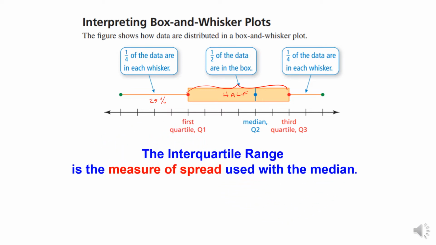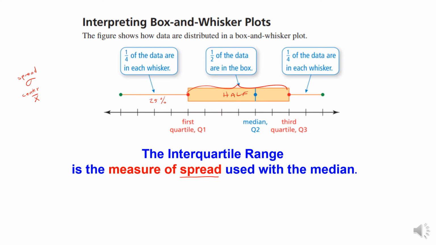So the interquartile range is the measure of spread used with the median. So remember we talked about the standard deviation is the measure of spread that we use with the mean, which is a measure of center.